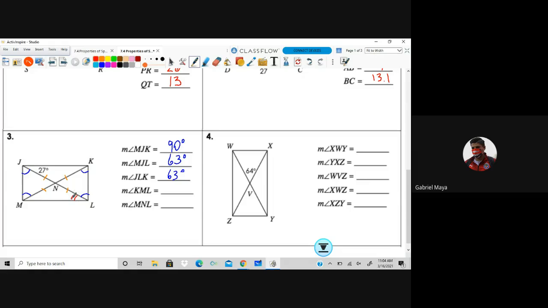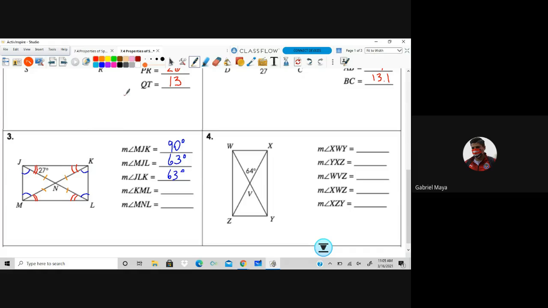This angle is congruent to this one, as well as this one right here. So that means that all those angles that I marked with two curves, or in other words in red, are 27 degrees. All the blue angles or the blue curves, those are 63.